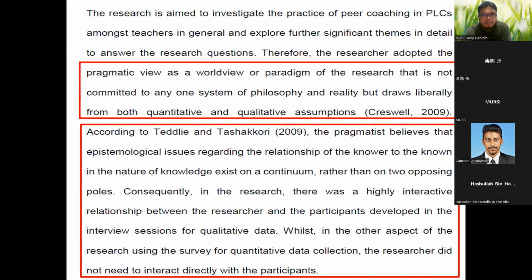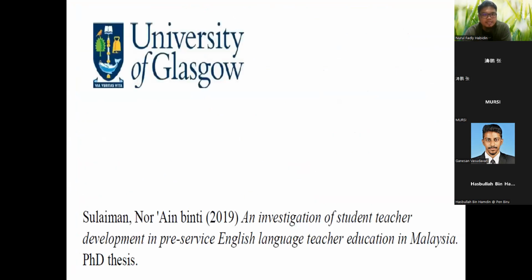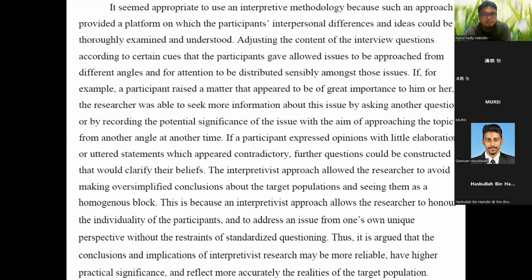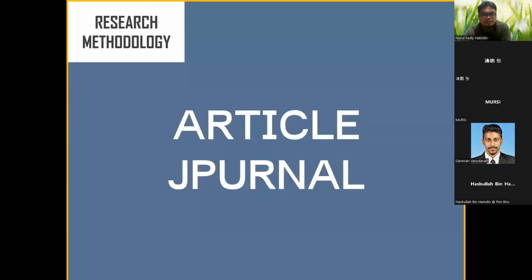So this is another way of writing. I hope you can refer to this slide to check some examples of how to write research design, and then you can apply it for your thesis, for your project.